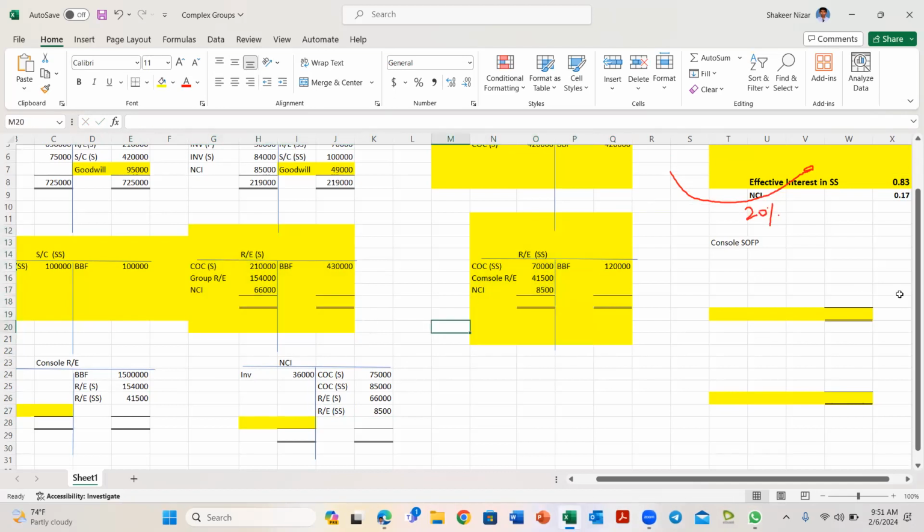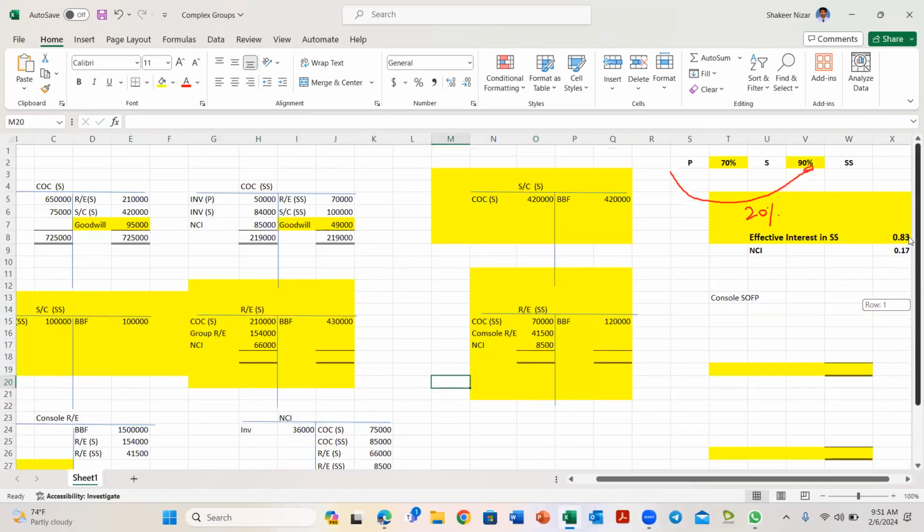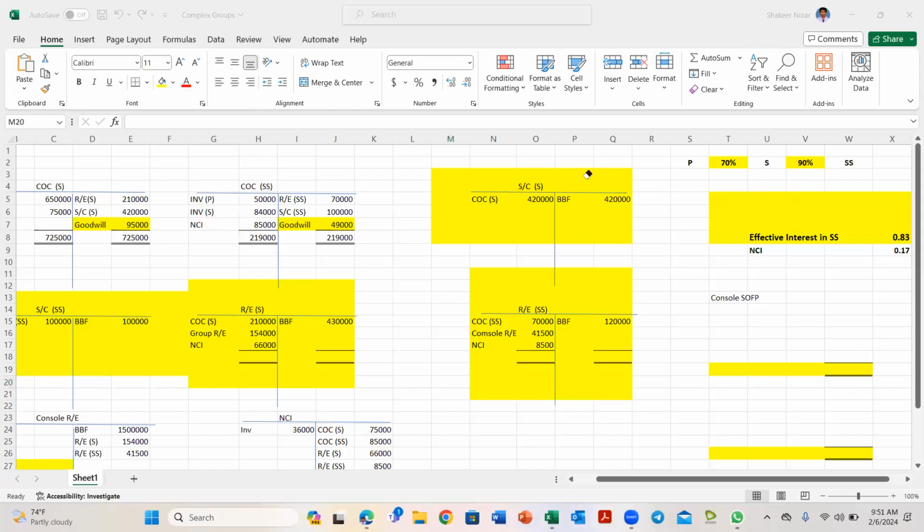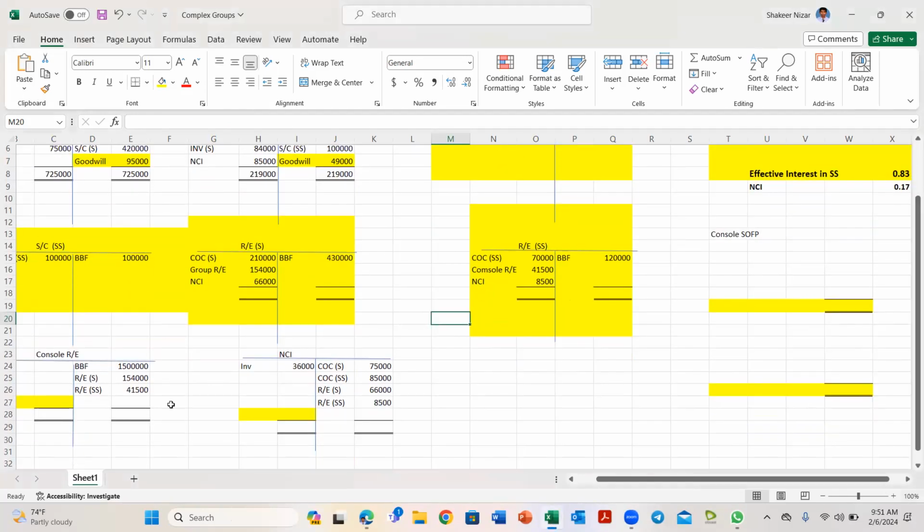I'm not going to balance because we don't have such time. Next, we have to balance the NCI and consolidated retained earnings account. Taking the consolidated retained earnings, this amount.